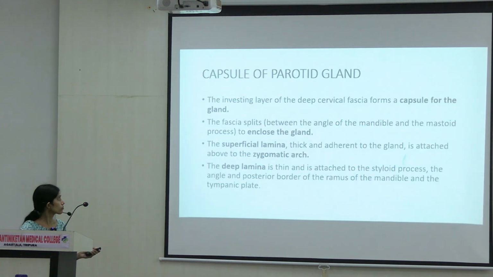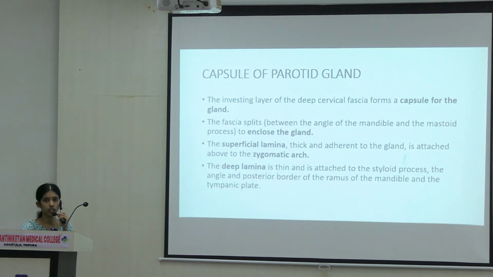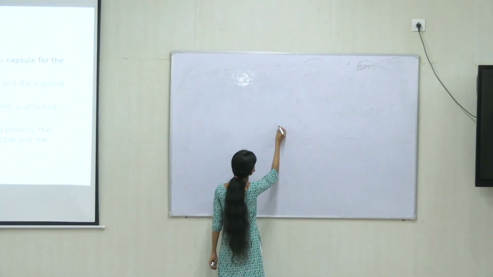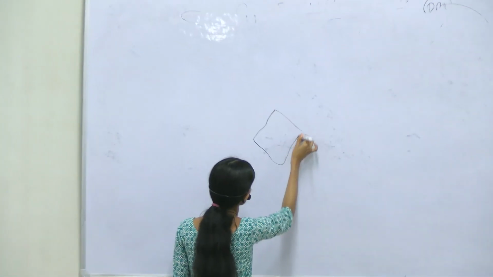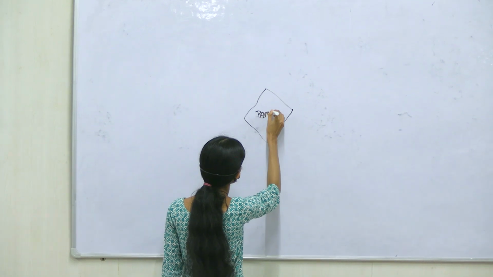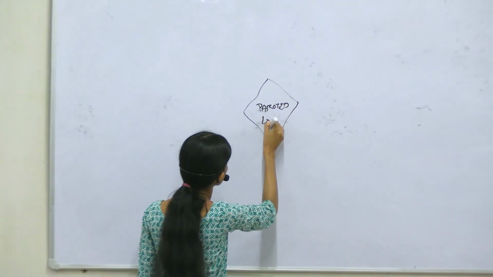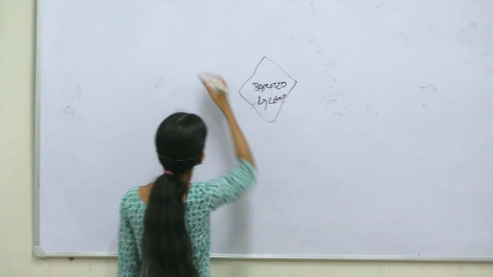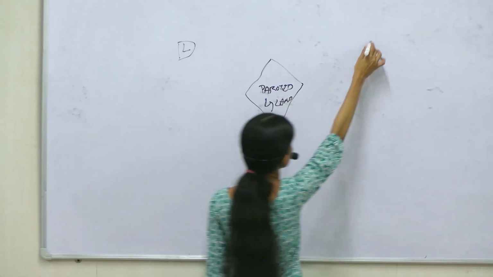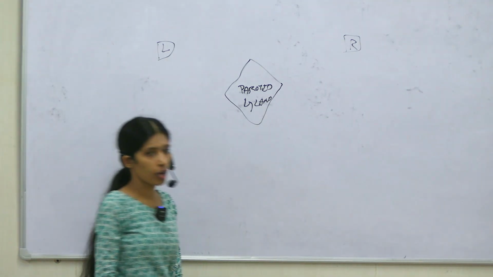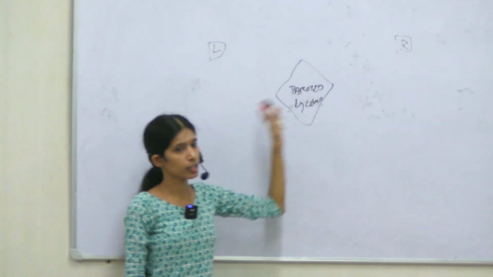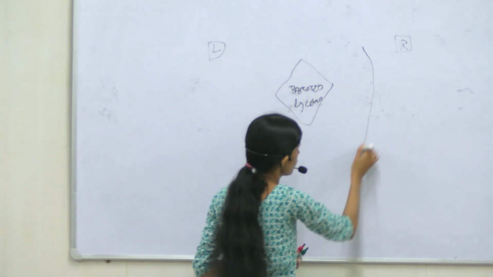Okay. Next we have an important structure called the capsule of the parotid gland. The capsule is nothing but the covering of your parotid gland. Now imagine this is your parotid gland. This is the left side and this is the right side. On the right side, from anterior to posterior, first we have skin.